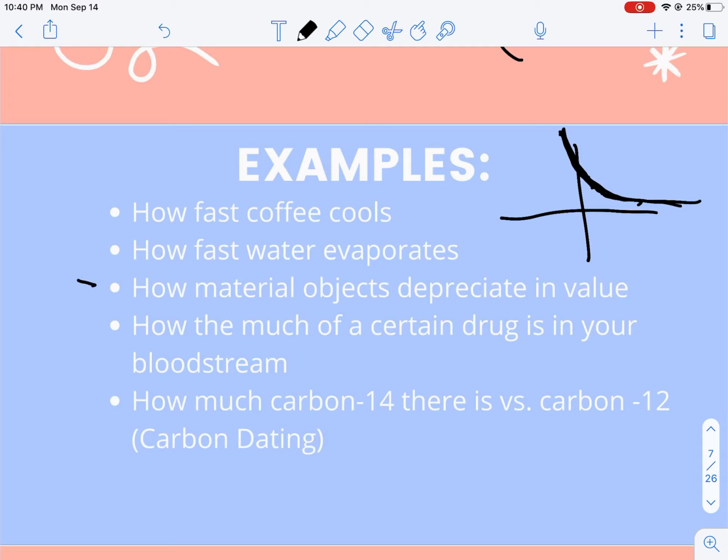We're going to focus a lot today on how material objects depreciate in value, like a car or an iPhone or whatever. But some other examples include how much of a certain drug is left in your bloodstream. So let's say you're a doctor, pharmacist, or anesthesiologist, and you need to make sure that somebody is not taking too much of a certain drug.